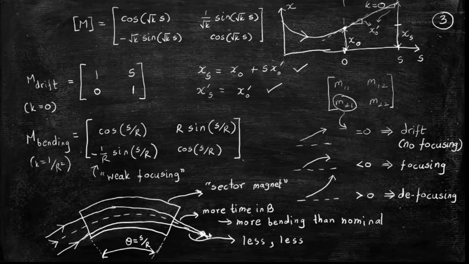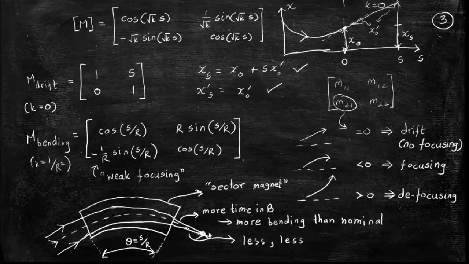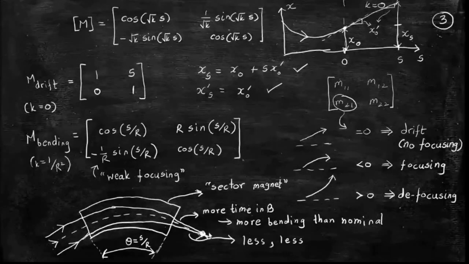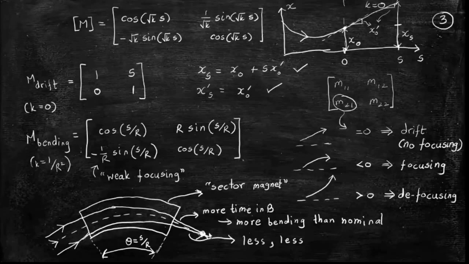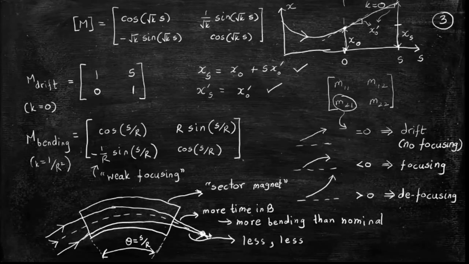So on this particular slide, we have tried to obtain the typical matrix for a drift region and a bending magnet. We have explained why the lower left entry, M21, indicates whether the particular beamline element is going to be focusing or defocusing.